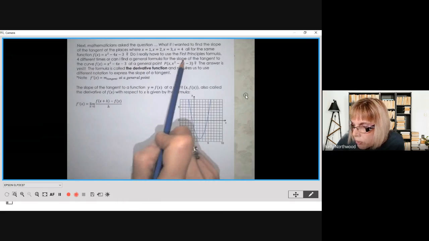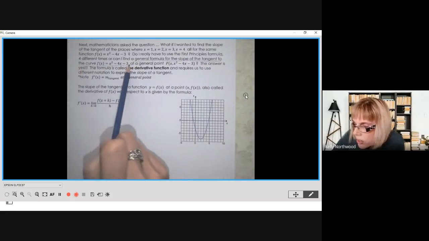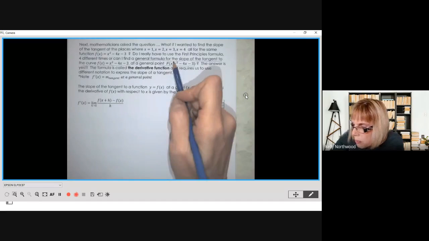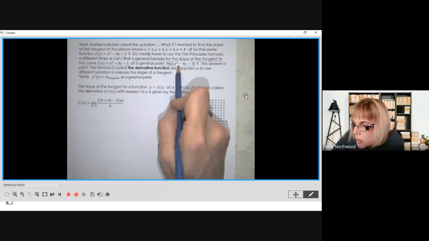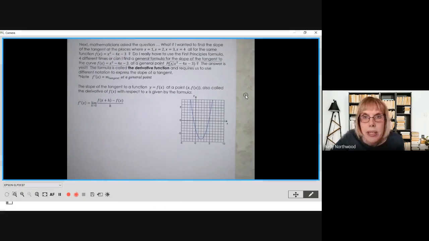Or can I find a general formula for the slope of the tangent to the curve at a general point? So our a is going to just be x, so any point x, and then the corresponding y value would be, when you sub x in, x squared minus 4x minus 3. And the answer is yes, you can do that.